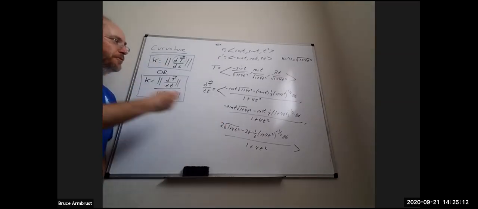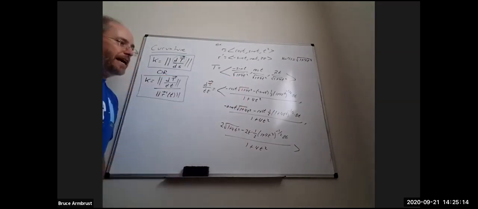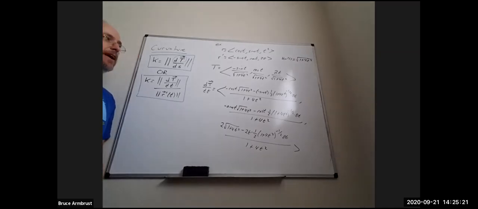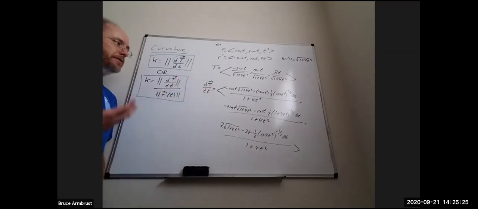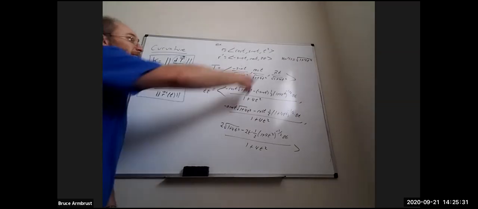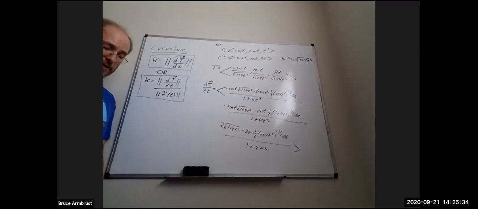But it's just the square root of the squares of all these added together. I'm sure it's going to simplify a lot because we're going to get cosine squareds and sine squareds, square roots that are being squared. Things are going to simplify a lot. But then we take that magnitude and divide by the square root of 1 plus 4t squared.